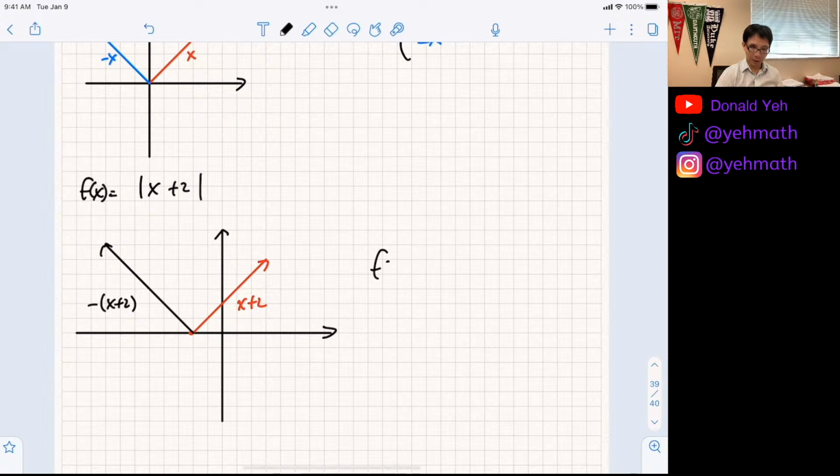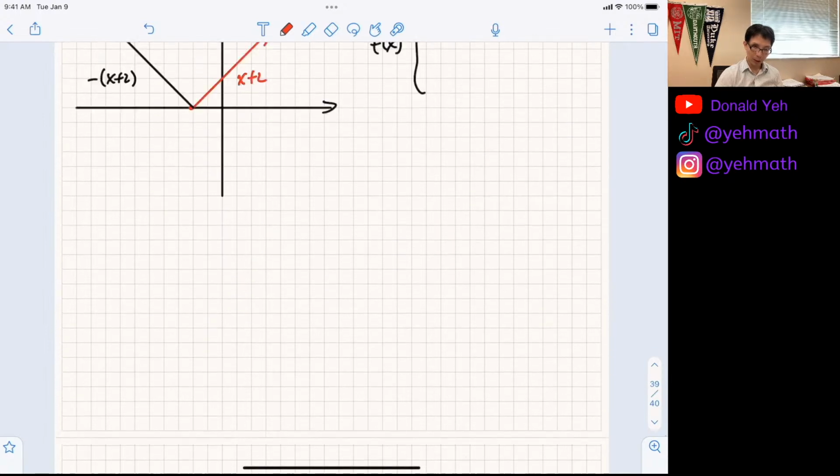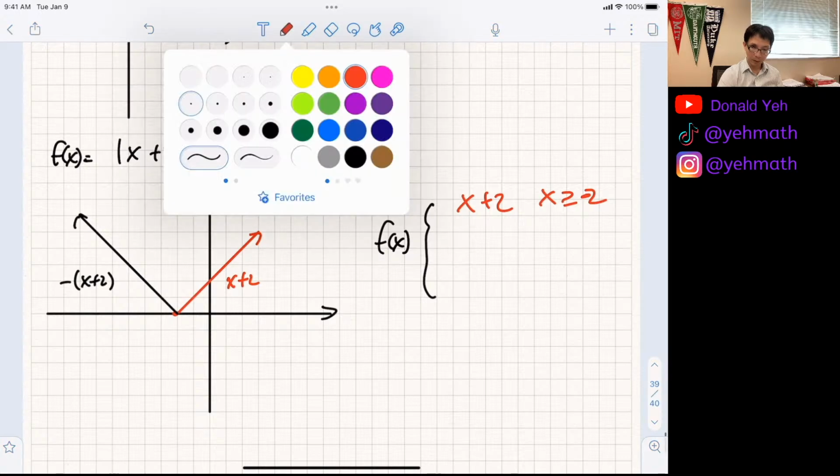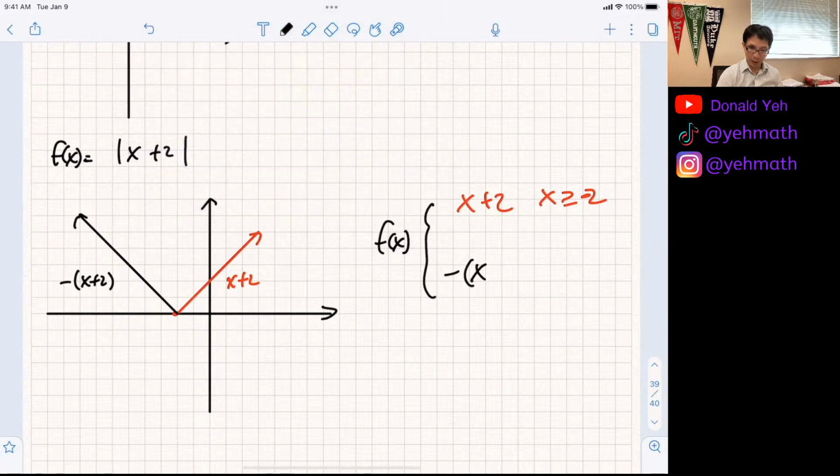So in this case, f of x is equal to what? x plus 2, when x is greater than negative 2, sorry, and negative of x plus 2 when x is less than negative 2.